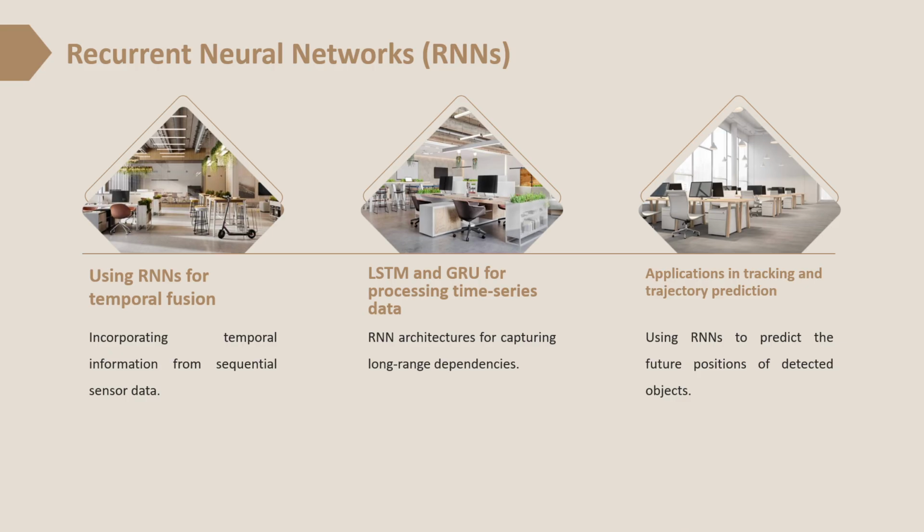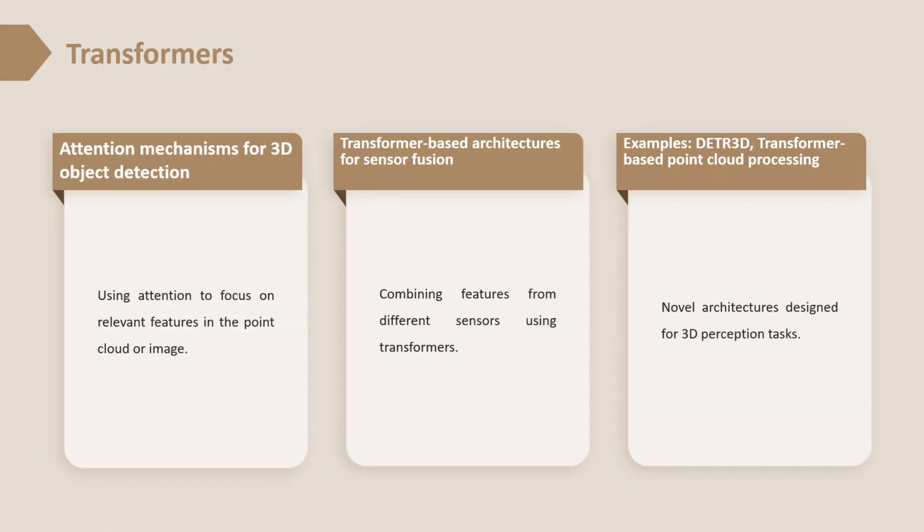Similarly, we can use recurrent neural networks for temporal fusion, incorporating temporal information from sequential sensor data. RNN architectures are used for capturing long-range dependencies. Using RNNs we can predict the future position of detected objects.